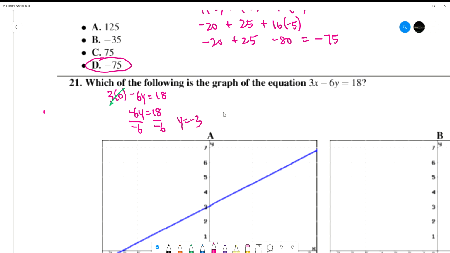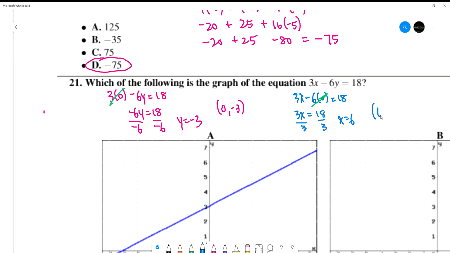So the ordered pair for this is 0, negative 3. Then I do the other one. 3x minus 6 times 0 is equal to 18. So I can cover up the minus 6y. So all I'm really looking at is 3x is equal to 18. Divide by 3, we get x is equal to 6.